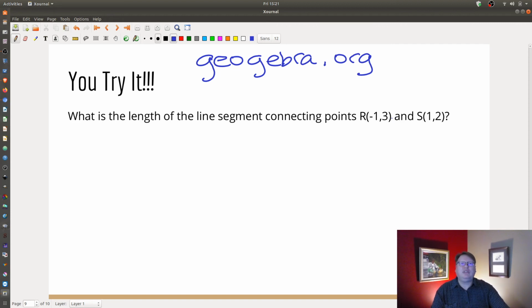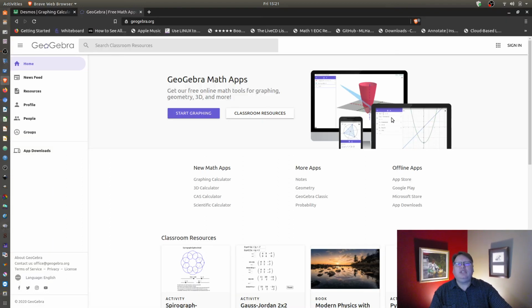If you want to pause the video real quick and open up a browser window and type that address in, it should take you to this website here, GeoGebra Math Apps. Now you can sign in over here using your Google account, and that's fine, or you can use it generically. But I want to look at the graphing calculator.